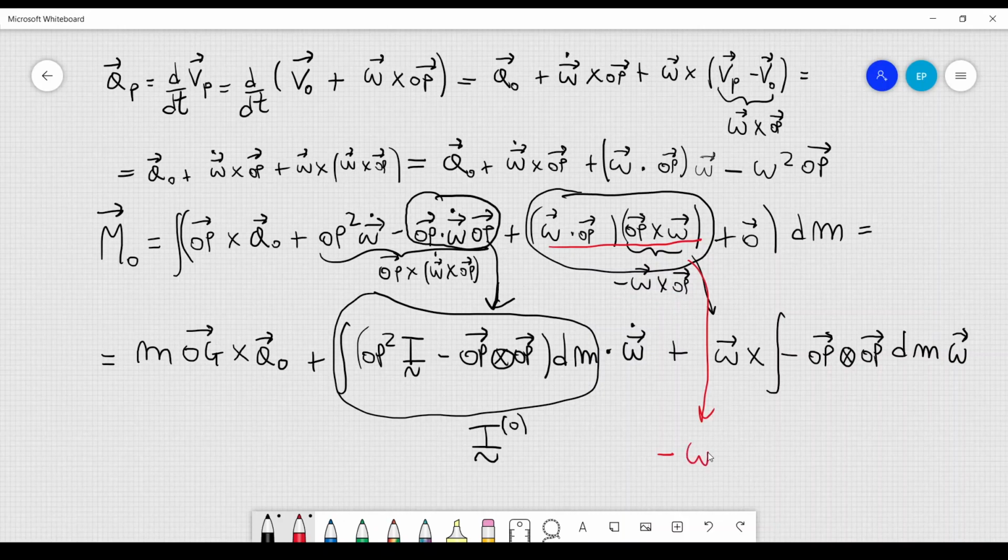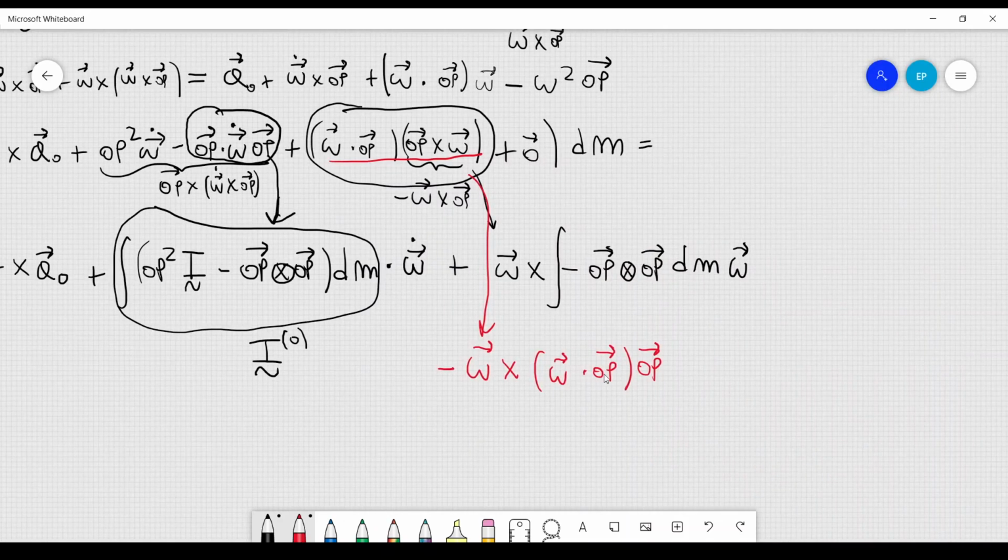And therefore I have minus omega cross, and now I'm going to put the scalar before the vector OP. So I have omega dot OP OP like this. And now, if I use index notation, I know that I can rewrite this as OP tensor OP applied to omega. So that's why I have a term like that, because remember that I also have to integrate over the mass.